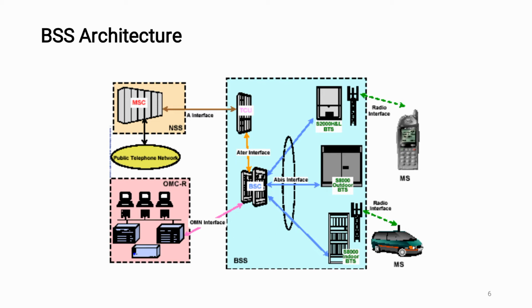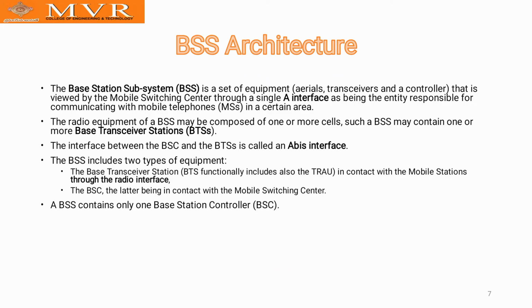In this network subsystem are the public telephonic network and the operation and maintenance network interface. Whatever operations and communication are provided through the radio interface are all transmitted in this BSS architecture to interface with the public telephonic network. The base station subsystem is a set of equipment.